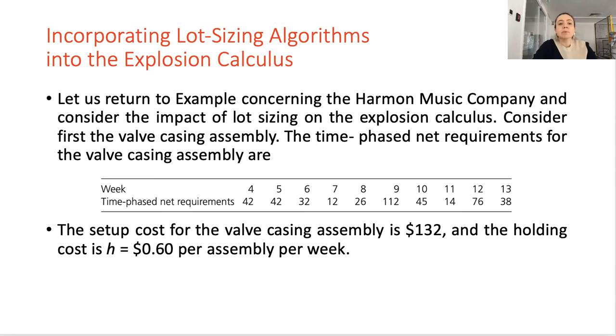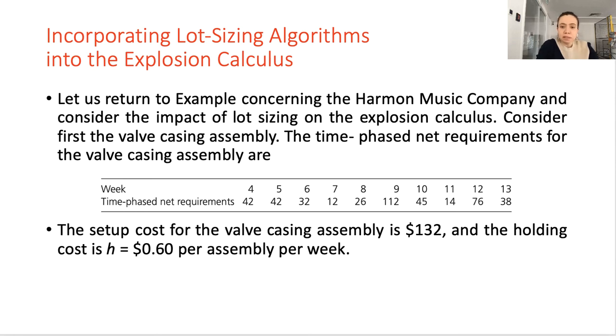Now I will talk about incorporating lot sizing algorithms into the explosion calculus. Let's return to our example about the Harman Music Company, the company that produces trumpets. Now we will consider the impact of lot sizing on the explosion calculus. Firstly, let's consider the valve casing assembly.